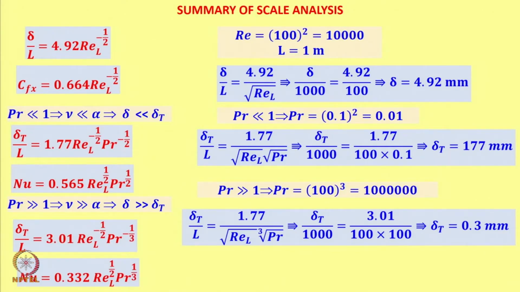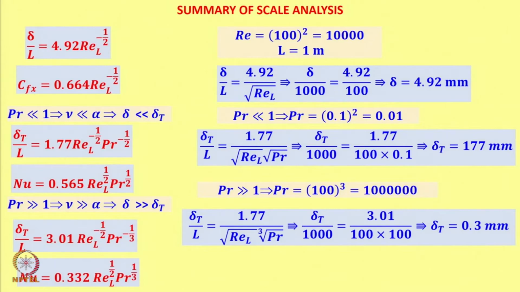Delta by L equal to 4.92 square root of REL gets you delta as 4.92. Now for Prandtl number less than 1, I am taking a Prandtl number of 0.01, that is 0.1 whole square. So delta T by L, if I substitute all of that, I get 177.